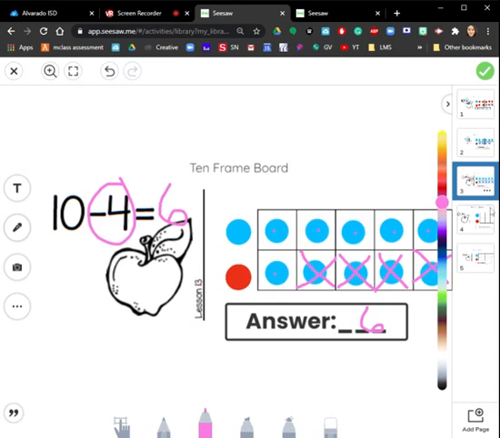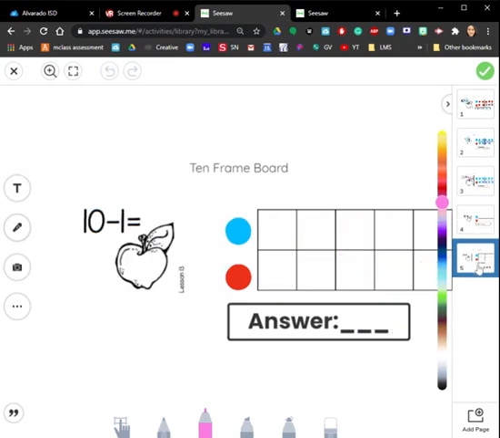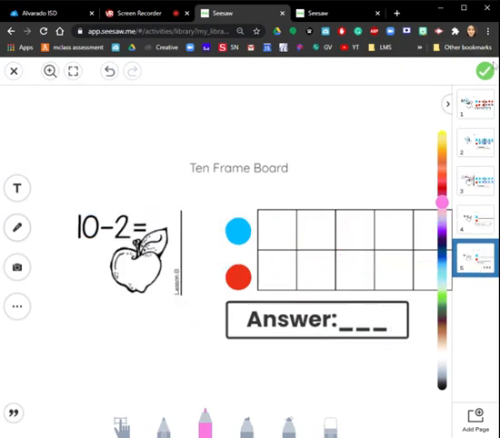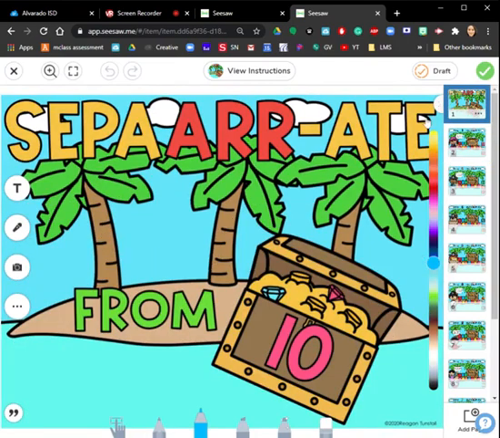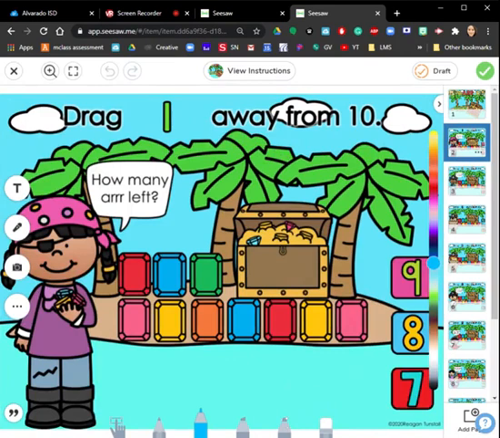Now what you're going to do is go to the next 2 slides and solve the 2 problems. Once you are done, you will go find your other activity, which is this. It is called Separate from 10. It has some pirates in there. And it says drag 1 away from 10. How many are left?